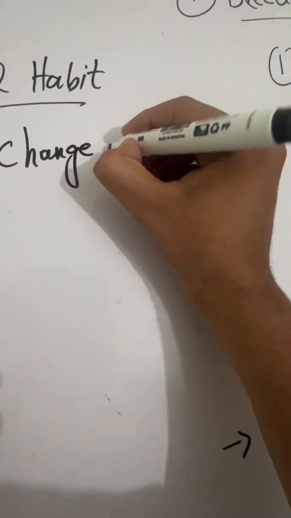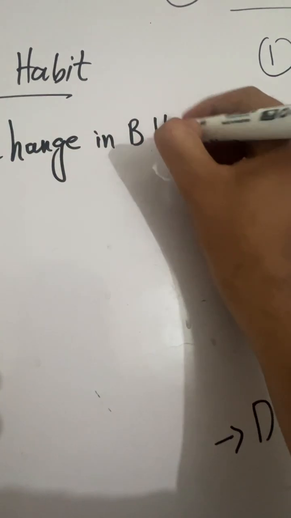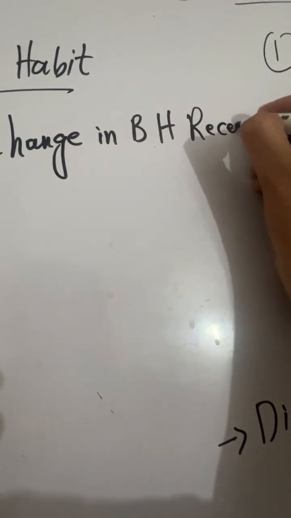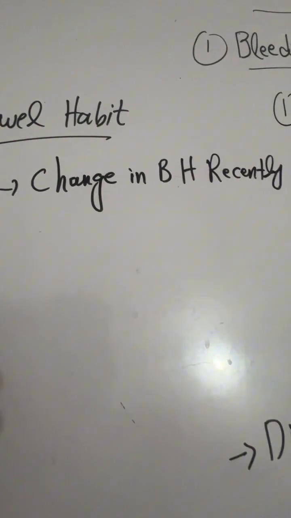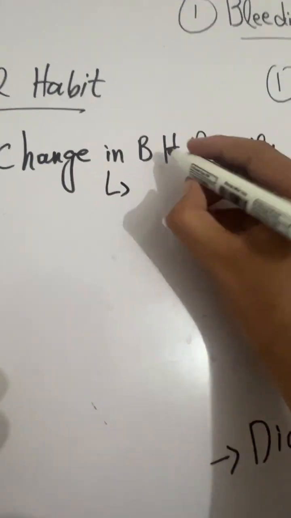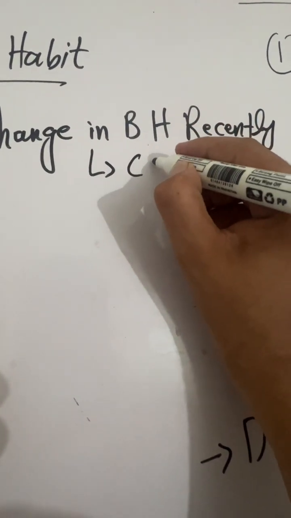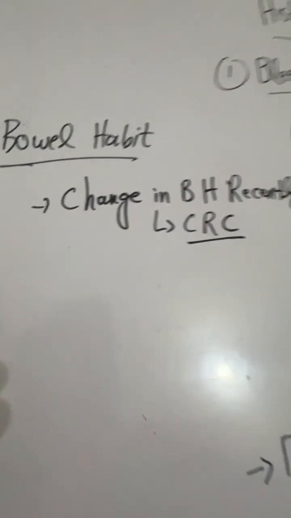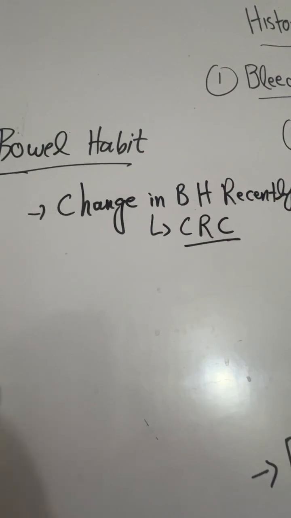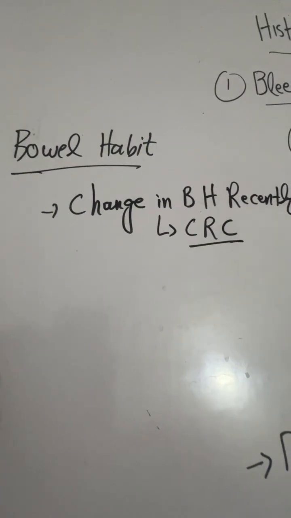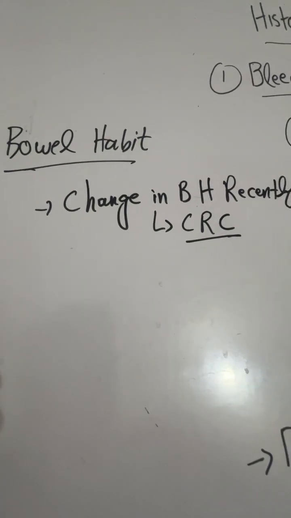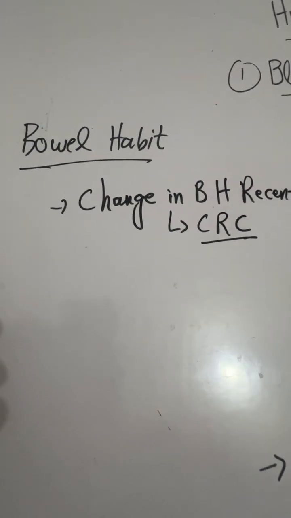If there is a recent or new change in bowel habit, then we will think about colorectal cancer. Any new change in bowel habit plus bleeding per rectum, then we will think about colorectal cancer.